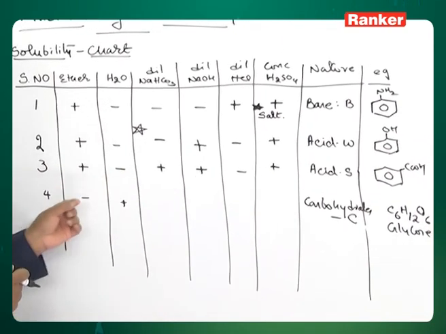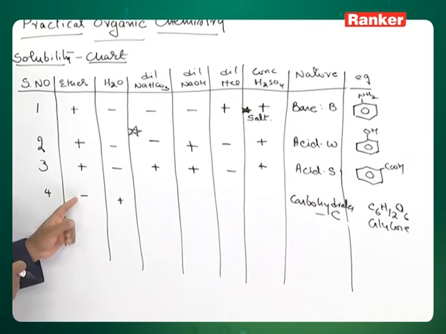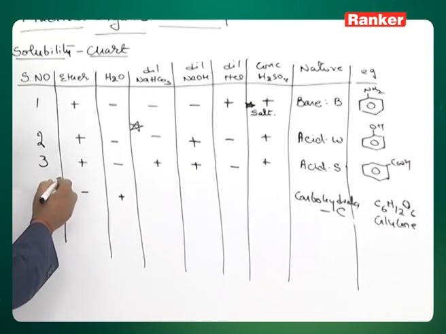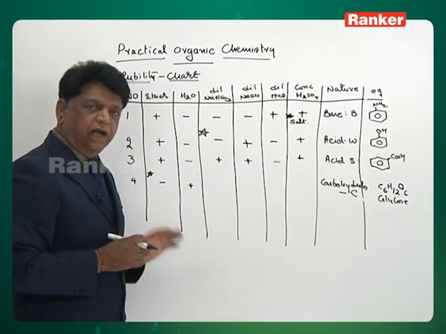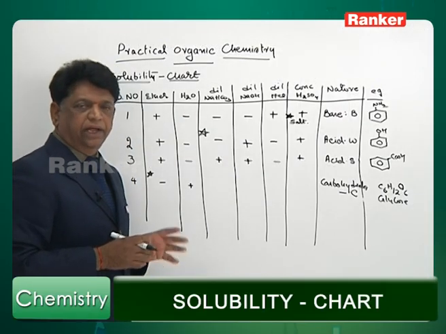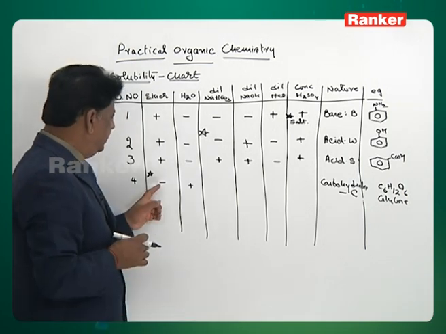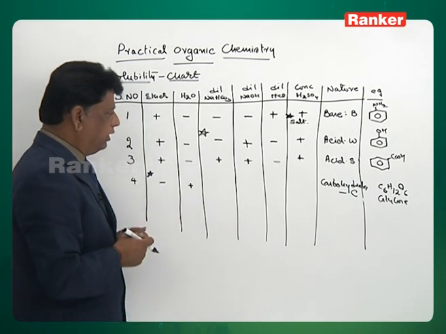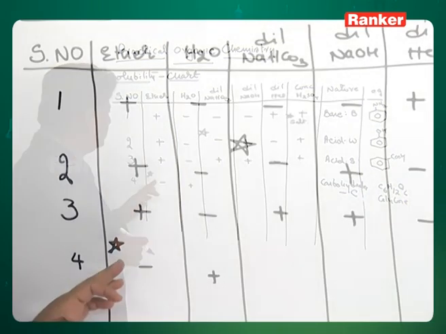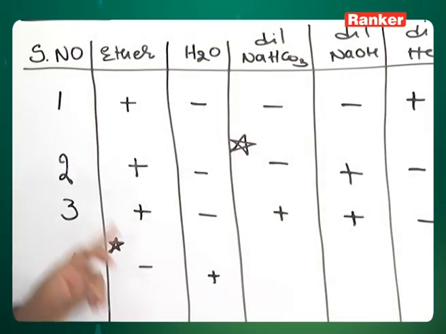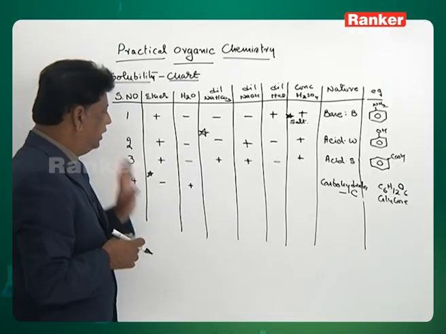Then you take glucose, add a small quantity of ether, and insolubility comes. Ether insolubility is seen only for this type of compounds. Even salts like sodium benzoate or aniline hydrochloride are insoluble in ether, but we don't have salts here. So in general, if an organic compound is insoluble in ether, immediately you can note this point: it may be a carbohydrate.